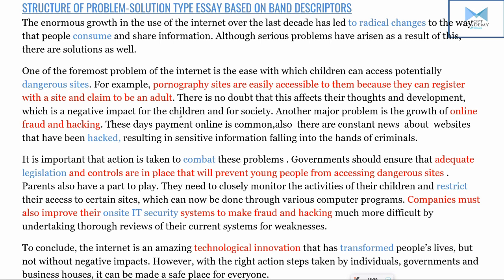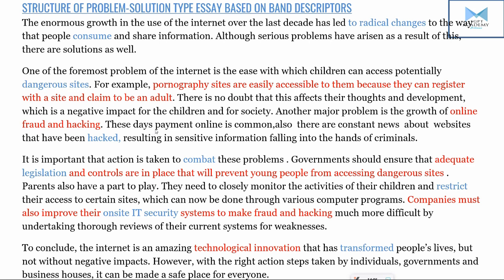So fraud and hacking happen during online payment. This is a very realistic example, and this is one of the major problems which the internet offers to the general public. So these two subpoints cover task achievement.